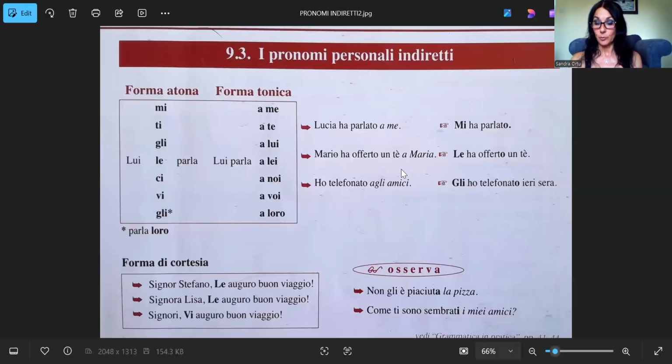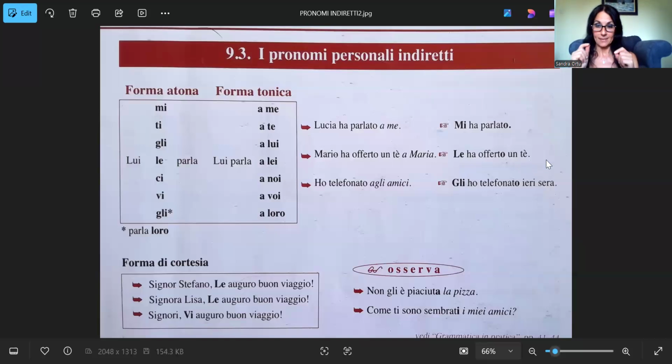Mario offered a cup of tea to Maria. You won't believe it. Instead, if we had a question for this statement here, if this was an answer, the question would be, what did Mario offer her? He offered her a cup of tea.